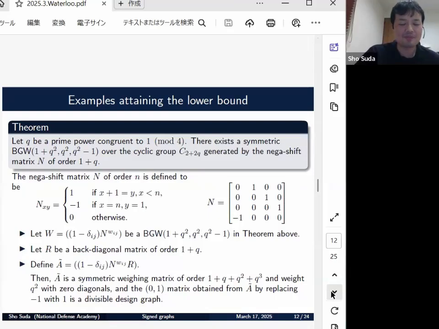So the construction is somewhat complicated, but we can construct some nice signing for some nice object in algebraic graph theory.